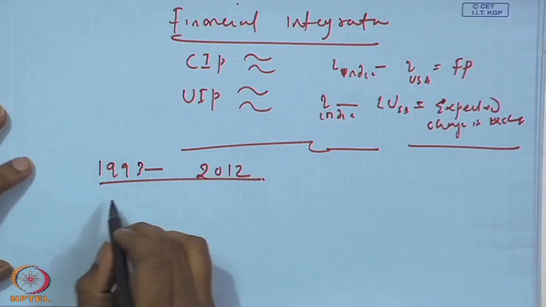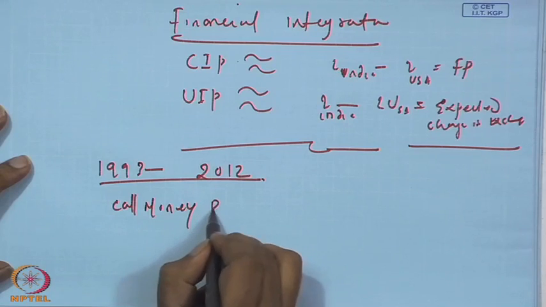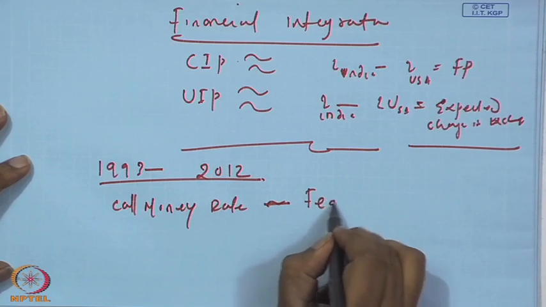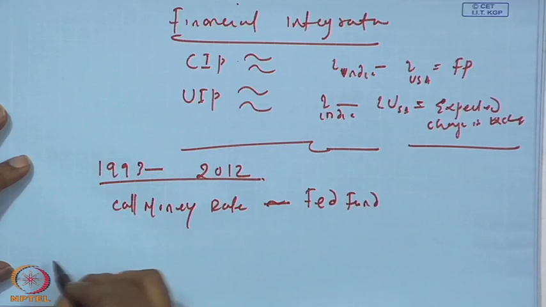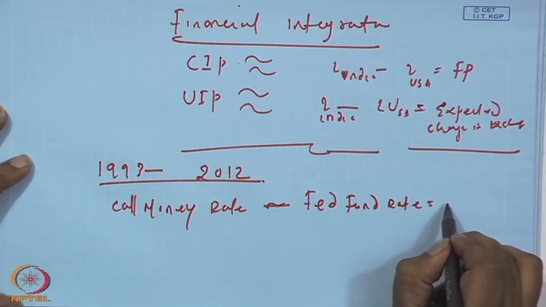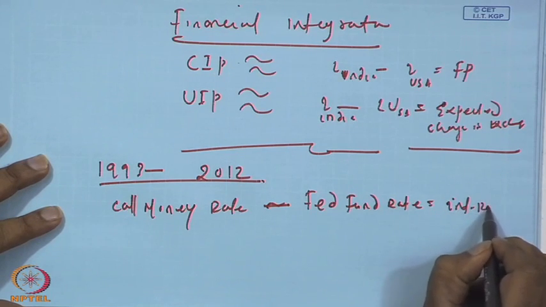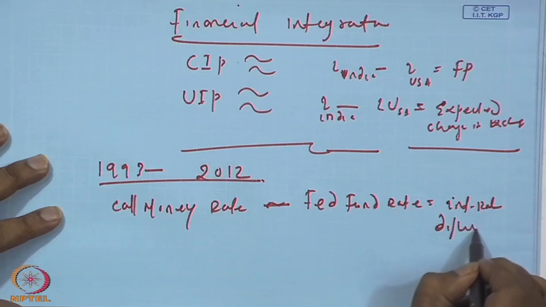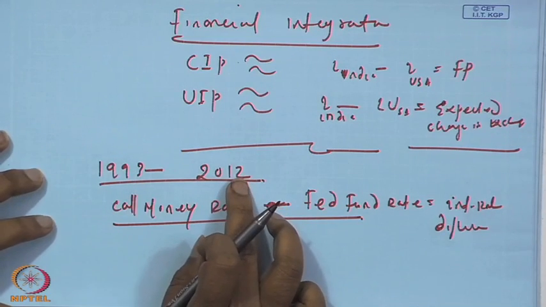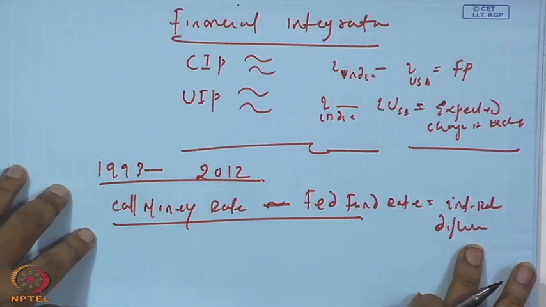Here I have taken the call money rate minus the Fed fund rate, which I call the interest rate differential. These rate differentials I have taken over the 93 to 2012 annual data and converted into a difference.